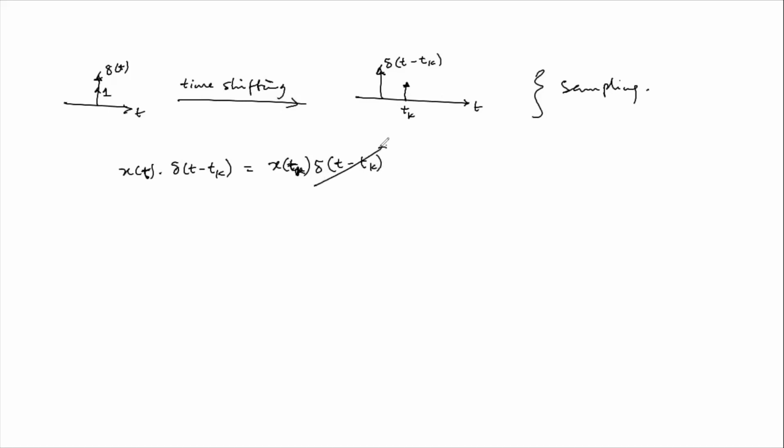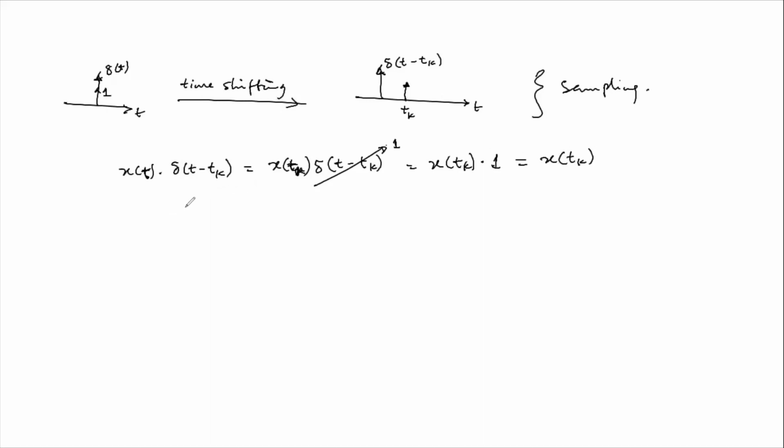Now, as this has been defined to have an area of 1, then it is logical to conclude that S of t sub k times 1 is the same as S of t sub k.